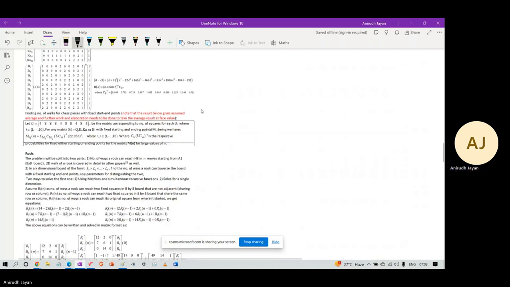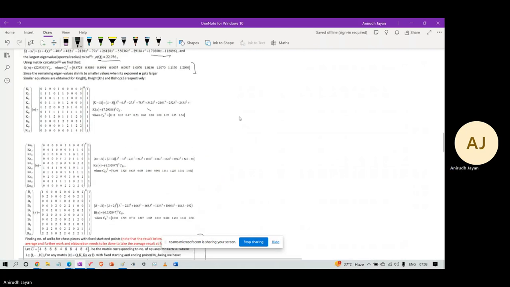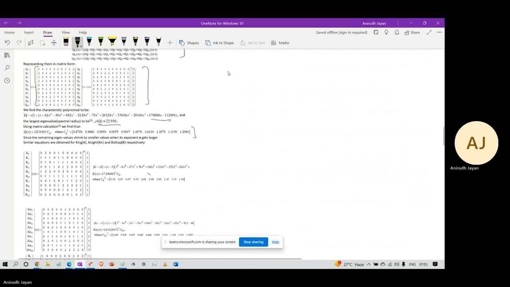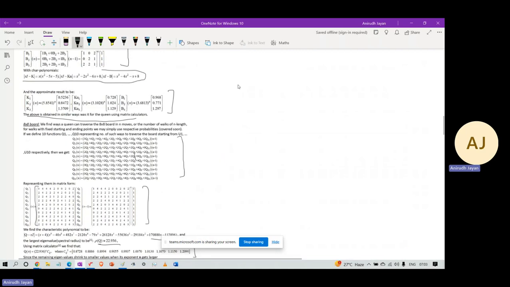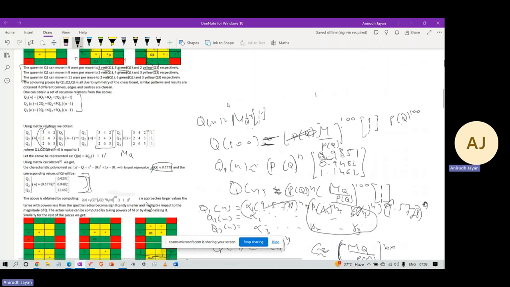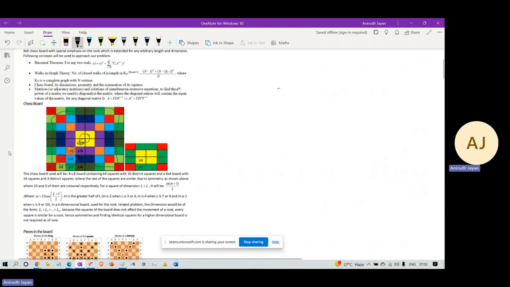Now, here comes the tricky part. We have shown the number of ways a queen, a king, a bishop, and a knight can move in an 8 cross 8 board, 4 cross 4 board freely. But we have not fixed any destination.